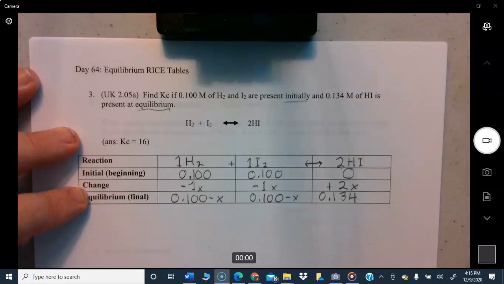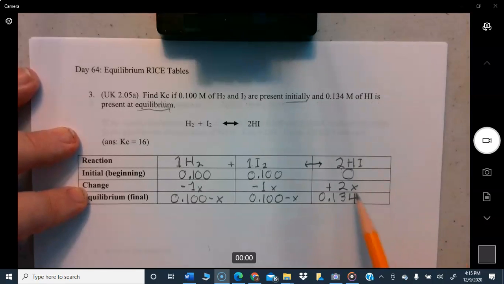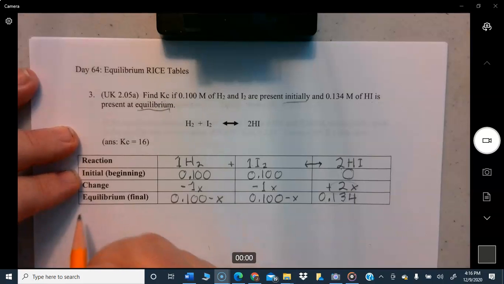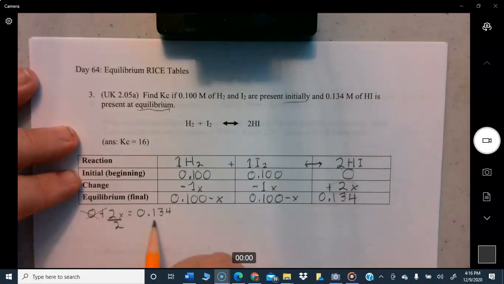So what can we figure out here? Well, 0 plus 2x equals 0.134. Let's just set up a simple algebraic equation. We can just obviously ignore that 0. So it's 2x equals 0.134, so we're going to divide both sides by 2.